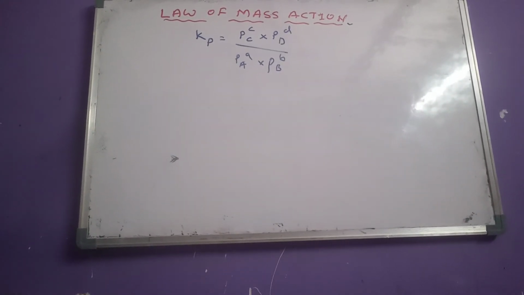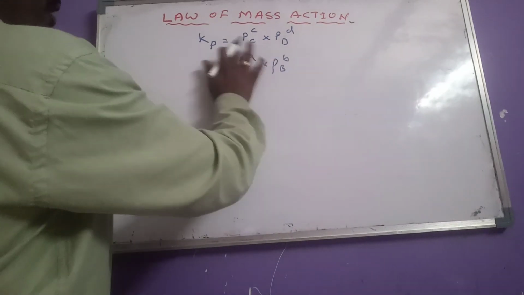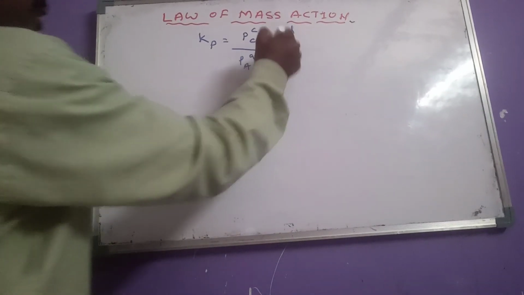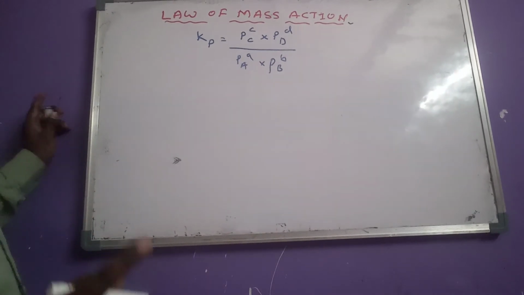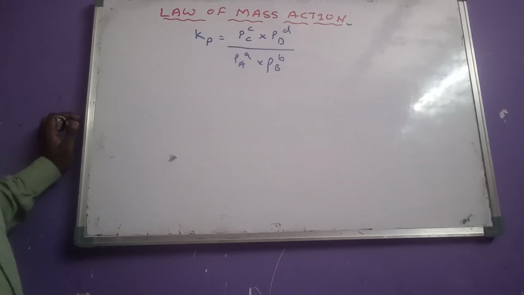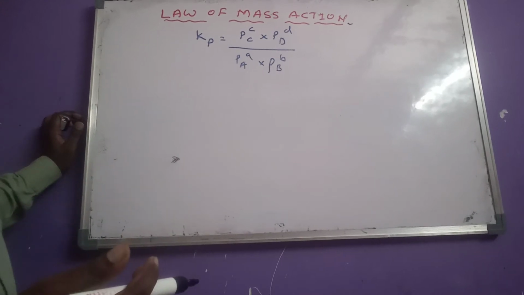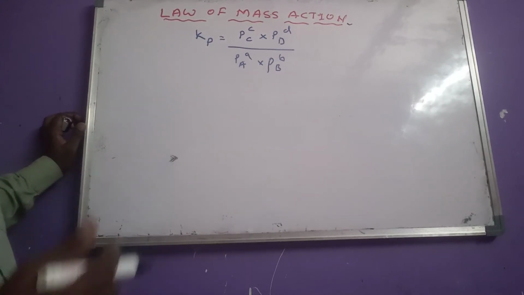So this is the Kp expression. When partial pressures of reactants and products are given, we have to write the Kp expression by using their partial pressures. And one more important question: what is the relation between Kp and Kc?